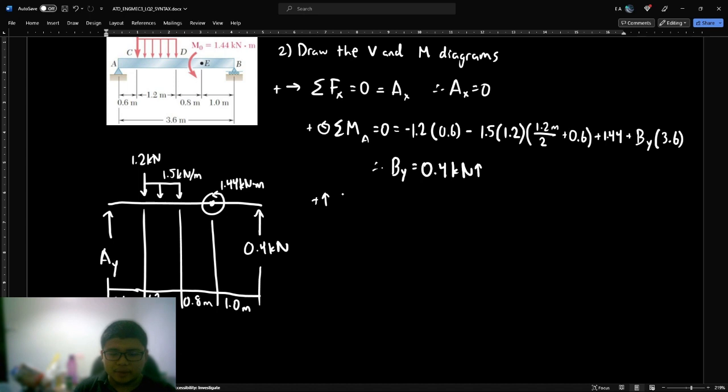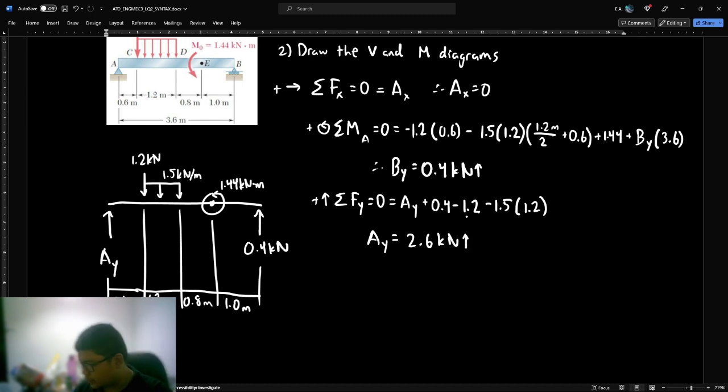Next we sum forces along y to be equal to 0. That's going to simply be Ay plus By, which is 0.4 kilonewtons, minus 1.2 kilonewtons, minus 1.5 kilonewtons per meter times 1.2 meters. We're going to get a value of Ay equal to 2.6 kilonewtons upward as well.